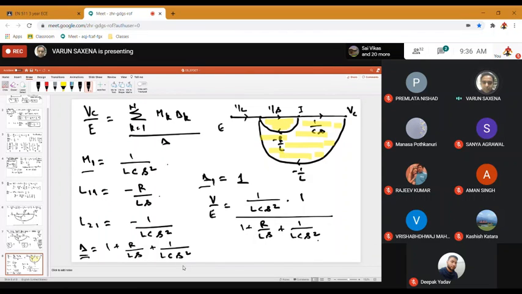So if you do your math, then this is going to be something like LCs square plus RCs plus 1. So the quantity of interest comes out like this. So we evaluated one. Let's evaluate another one.